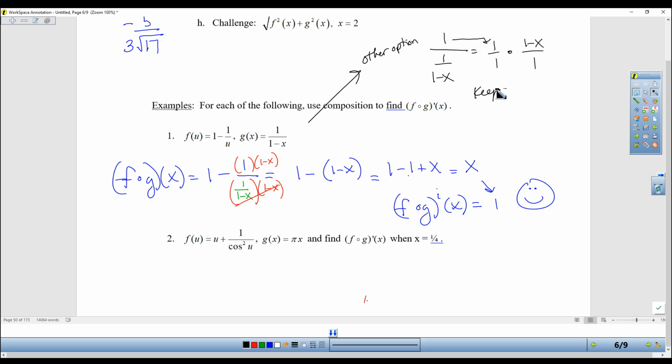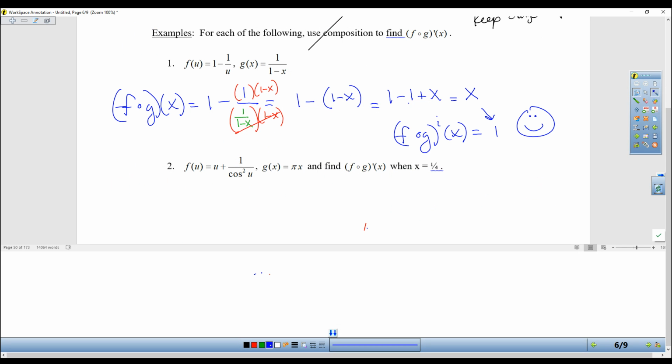Keep the first one, but I change it to a fraction. Change it from division to multiplication, and flip, I believe, is how you guys are taught. I still like flip and multiply. And then 1 over 1 minus x becomes 1 minus x over 1. You'd get the same thing if you don't understand the way I did it in red.